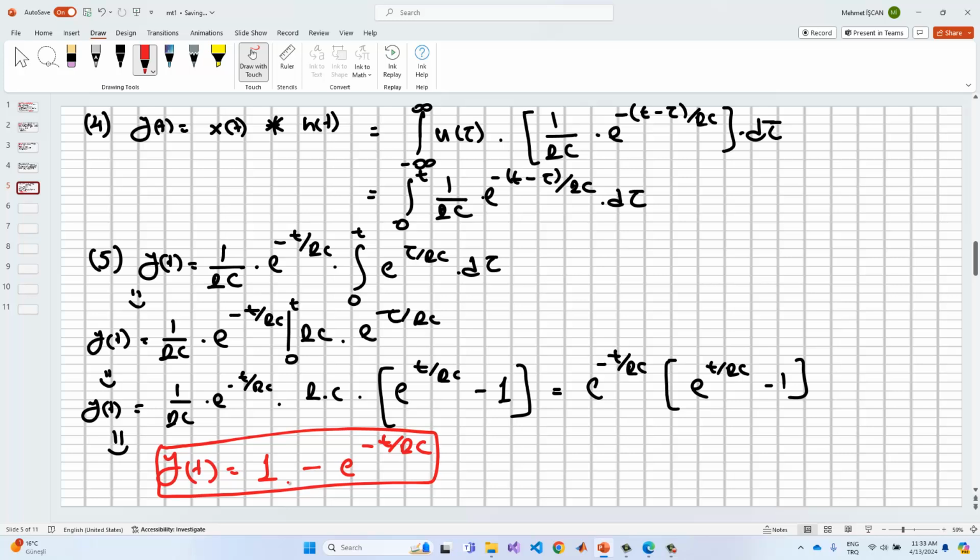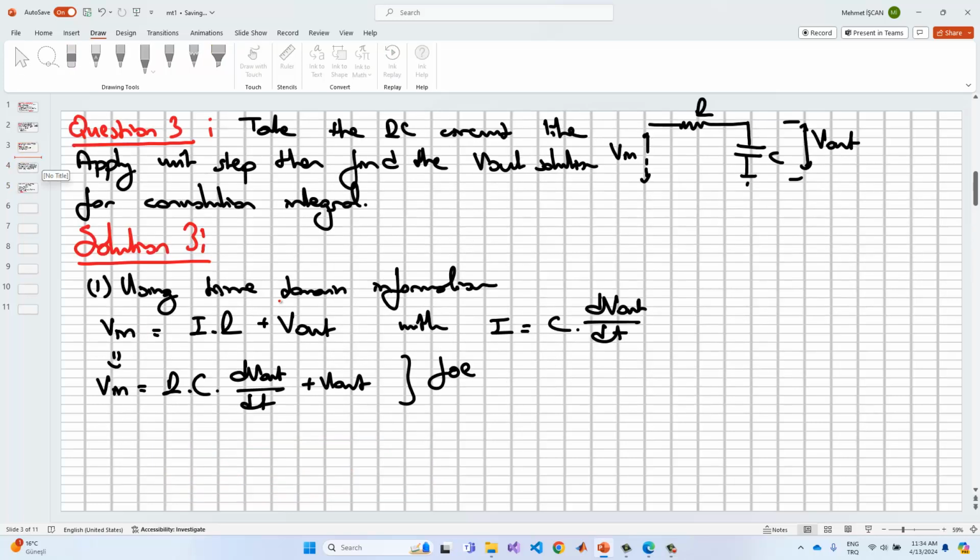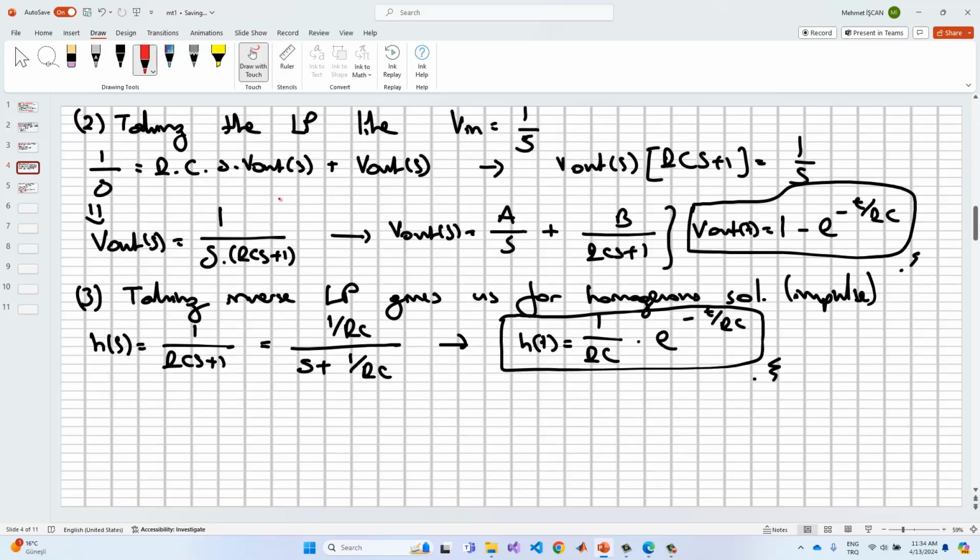Okay, and this is true, and so in each step we should take the following. Firstly, we need to design the time domain information, the dynamic equation of this term, and then we need to take the Laplace transformation to take the impulse response of this form.